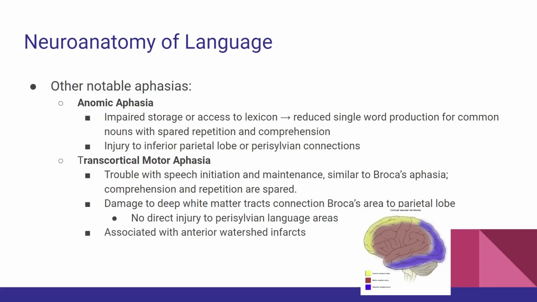So transcortical motor aphasia tends to be associated with anterior watershed infarcts. Infarct is just a type of stroke, and watershed just means that it's on the edges between the structures that are supplied by either the anterior cerebral artery, the middle cerebral artery, and the posterior cerebral artery, related to vascular blood supply to keep the brain nourished.